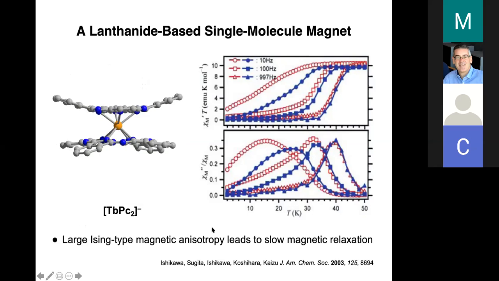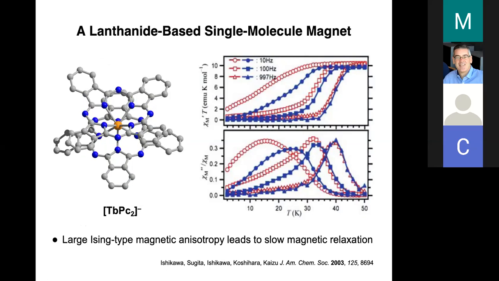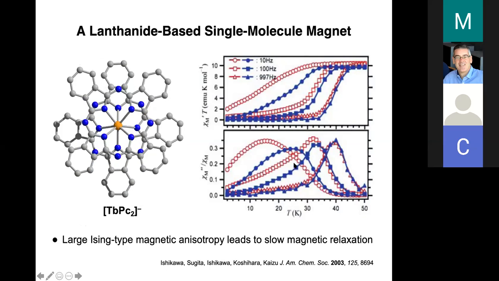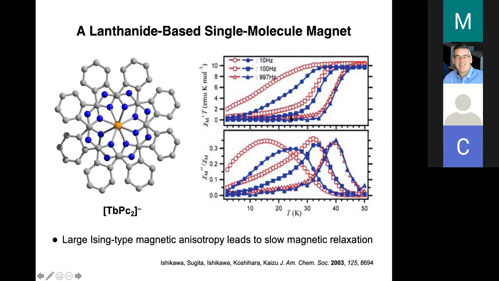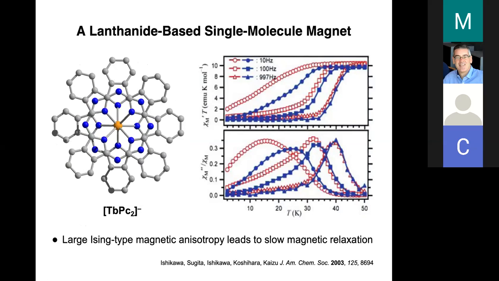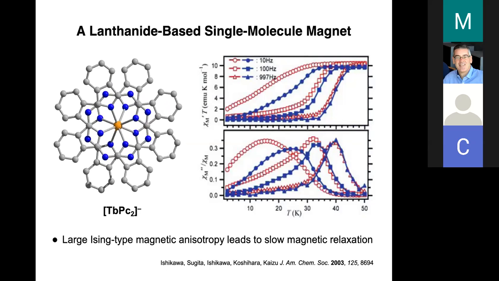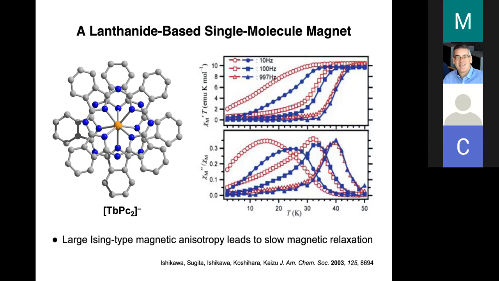But what Ishikawa and coworkers recognized was that this molecule shows slow magnetic relaxation. The probe they used is actually something called AC magnetic susceptibility.